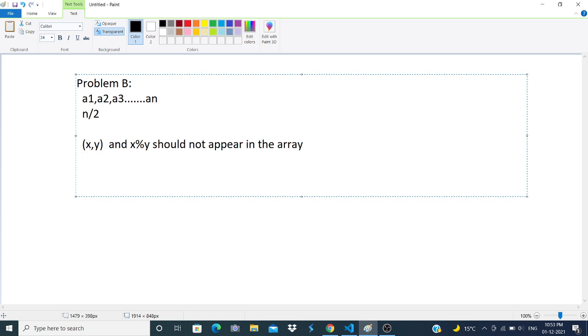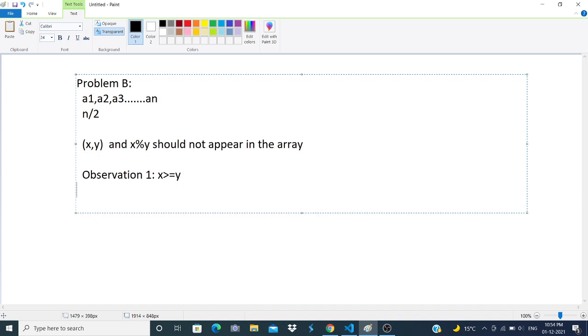So the first observation, observation number 1, is that x will always be greater than y. Why?